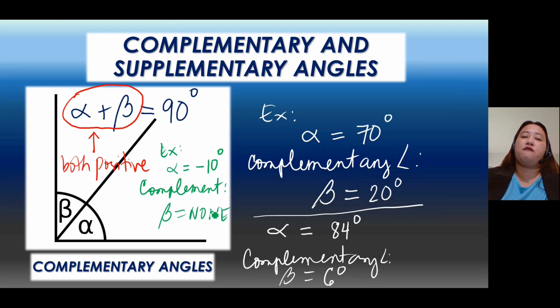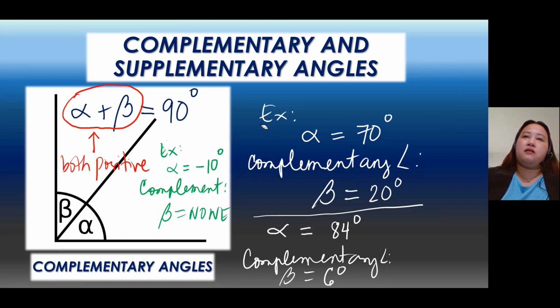If one is negative, you do not have a complement. Also, since the sum should be 90 degrees, if one of the angles is greater than 90, for example, beta is 115 degrees, it won't have a complement. So the answer is also none. This also applies to supplementary angles.